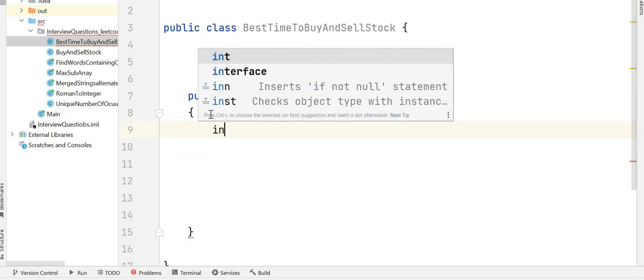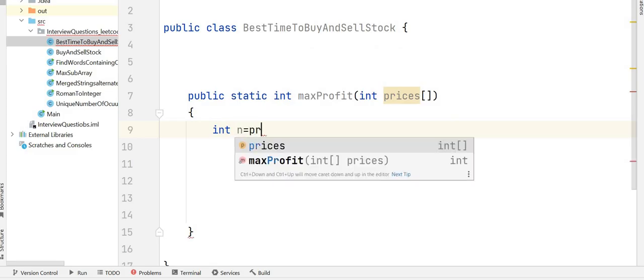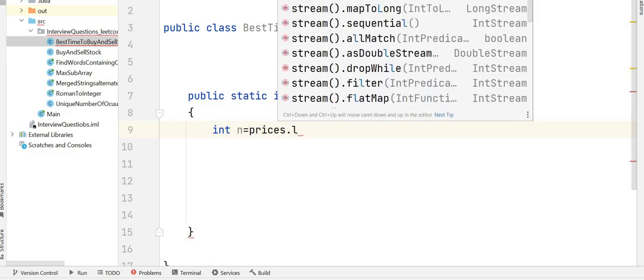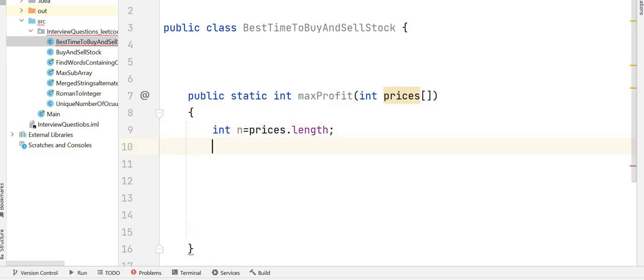So firstly let's initialize your length, that would be n = prices.length, right? And now we are going to initialize your maximum profit as 0, right? So in that case there is no profit, so it is going to return maximum profit as 0.